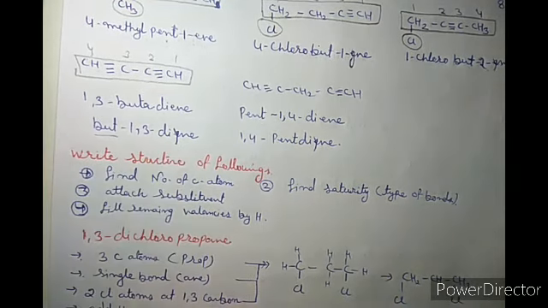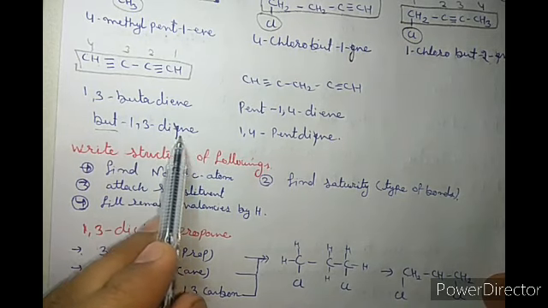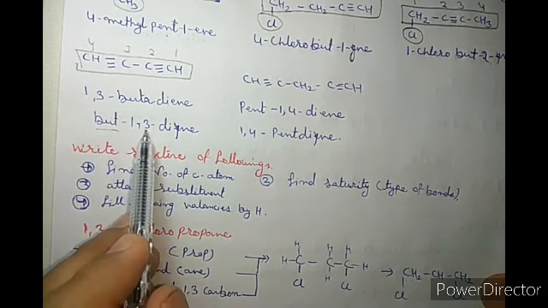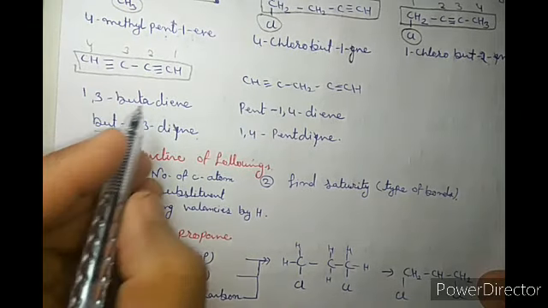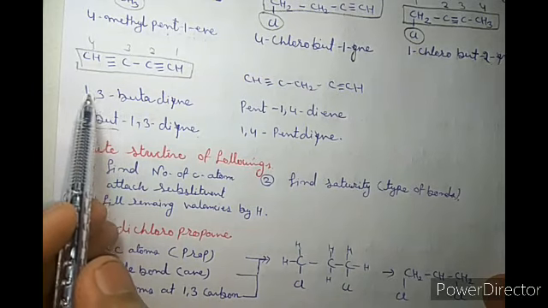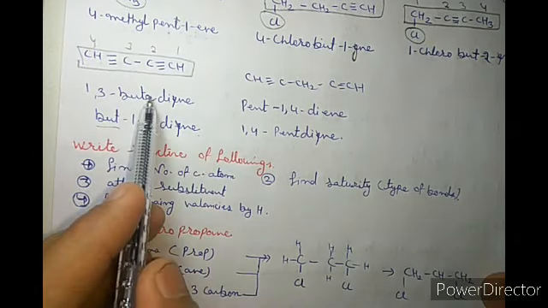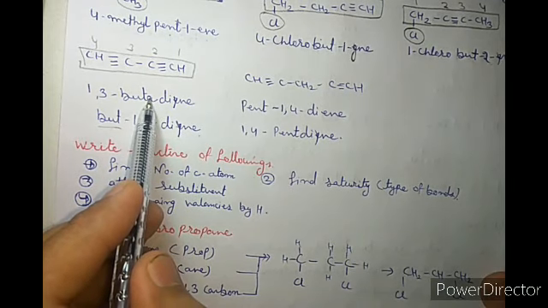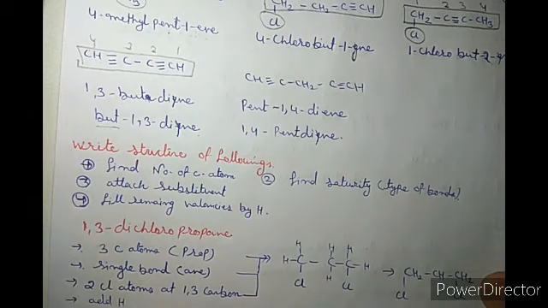So the name is but-1,3-diene. We can also write it like this, 1,3-butadiene. Butadiene. Got it? We can also write that.